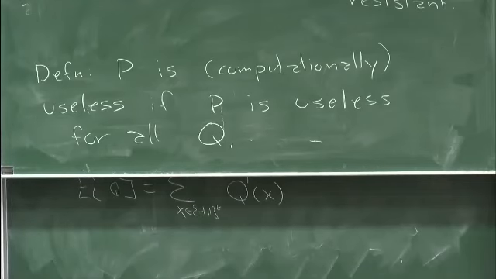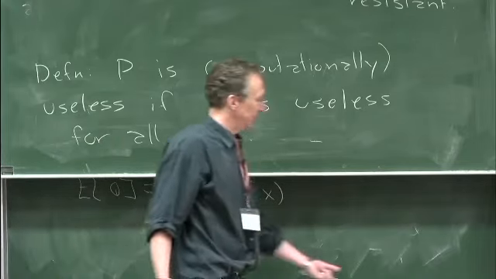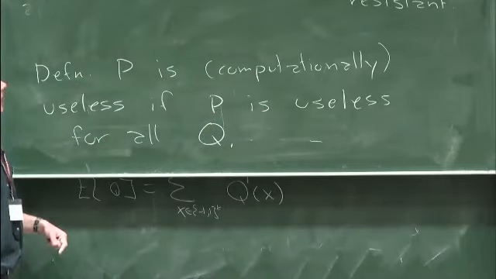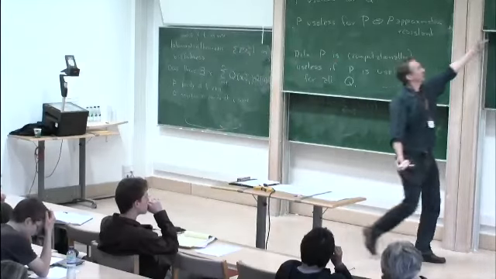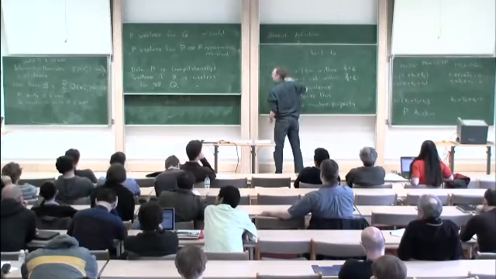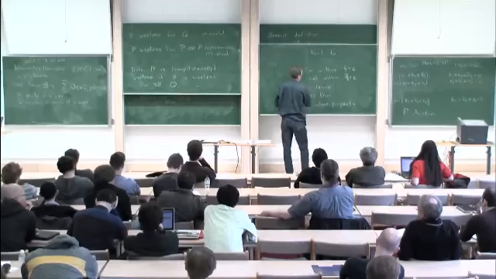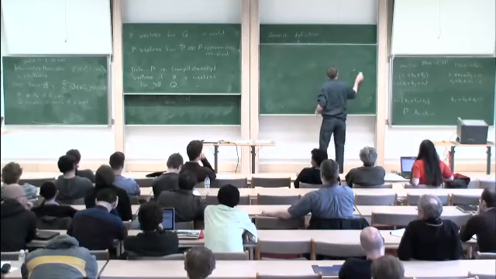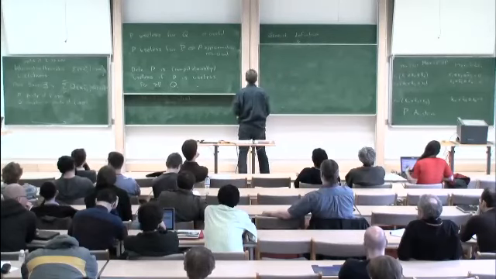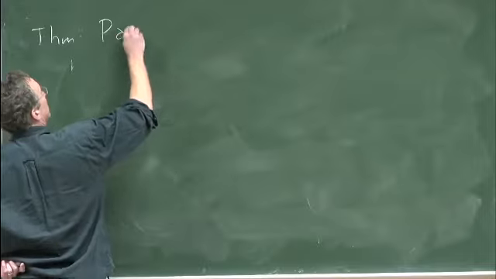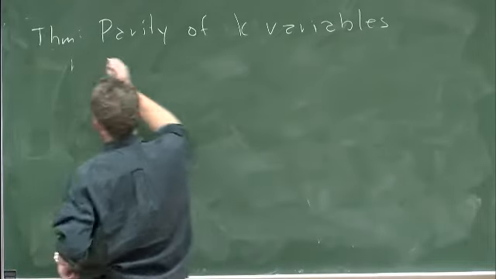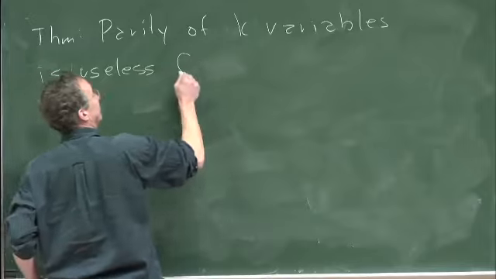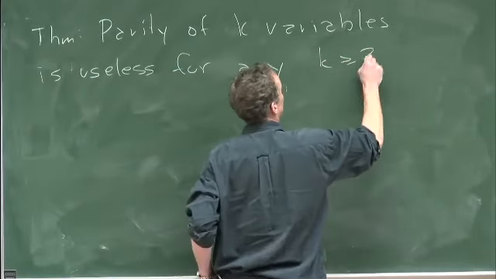The nice definition: something is computationally useless if it's useless for every Q. So no matter which real valued function you take, you can't do anything. So now you can start proving theorems.